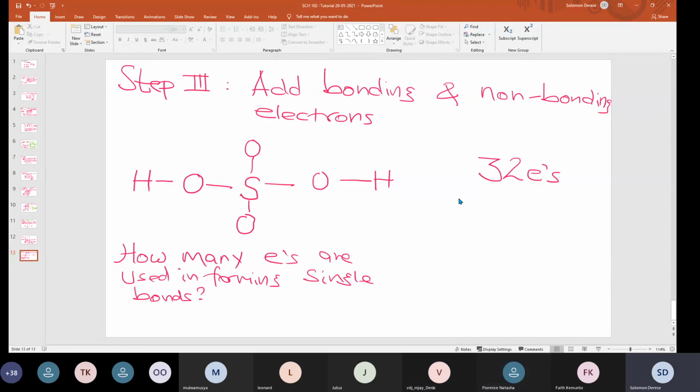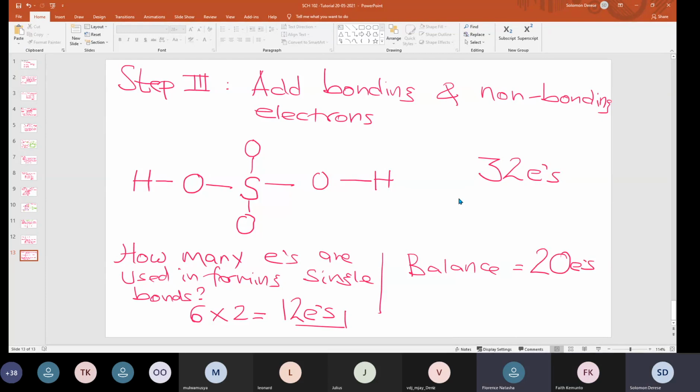So 6 times 2, we have used 12 electrons, okay? 12. Balance. How many is the balance? 20 electrons. A lot of electrons, isn't it? 20 electrons. What do we do with these electrons?